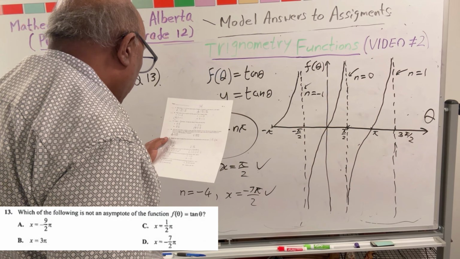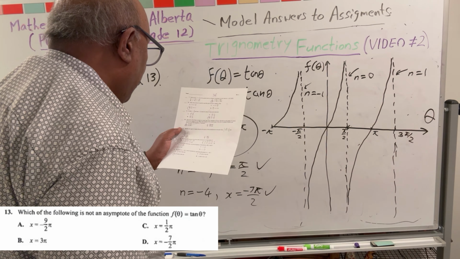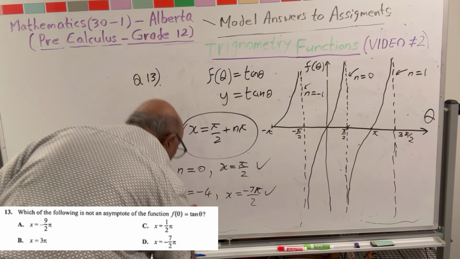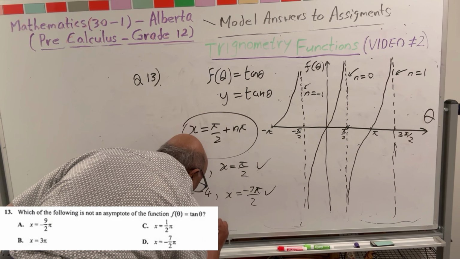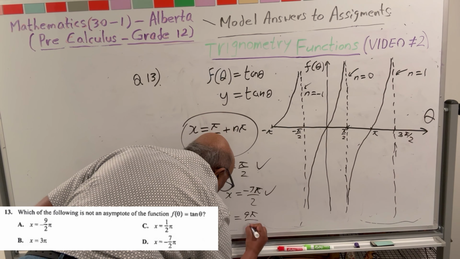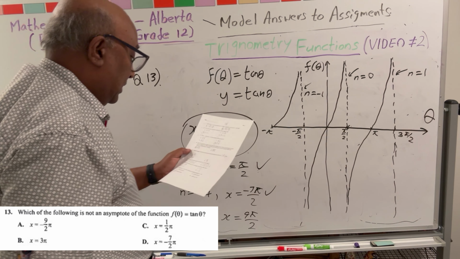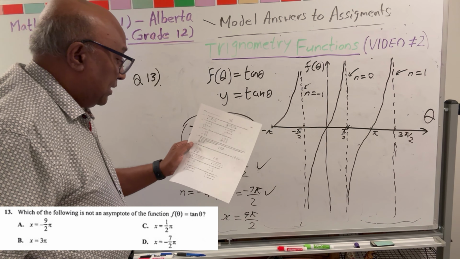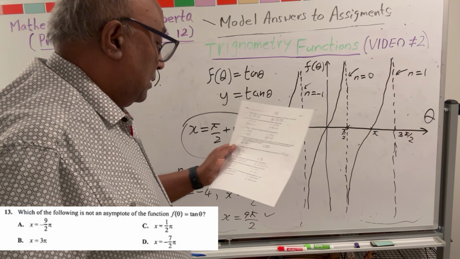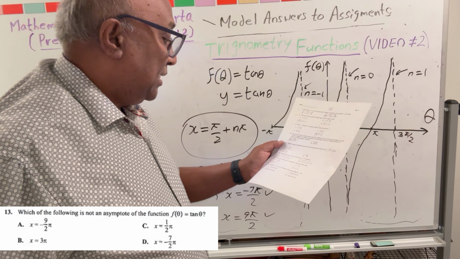Try with another value. Let's try with n equals 4. Okay, that is one asymptote. This is also there, A is also there. That means the only incorrect answer is x equals 3.5.